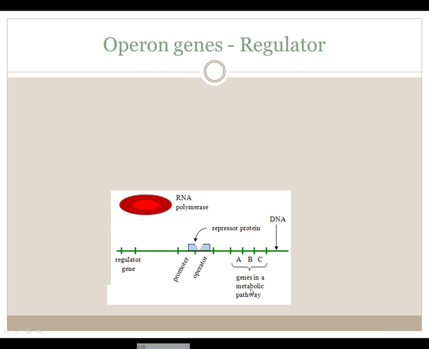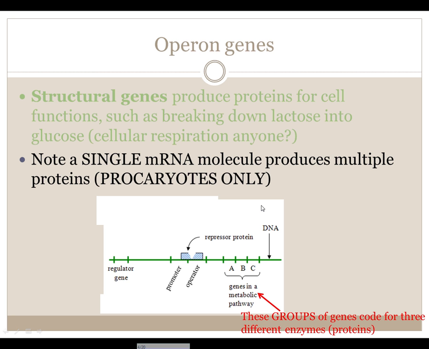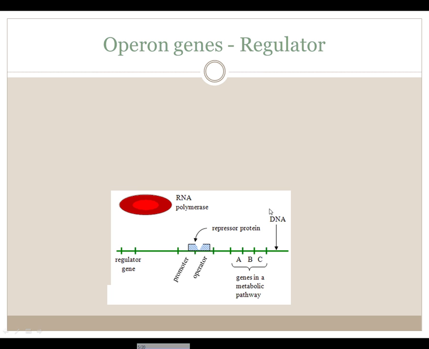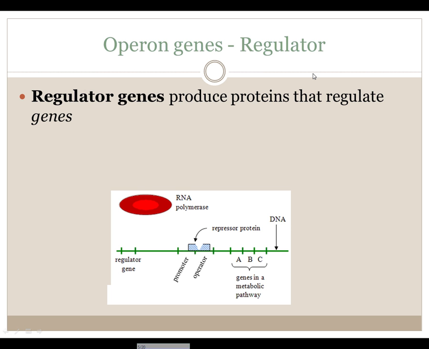Now the regulator part. We talked about the structural genes, and now we're going to talk about the regulator genes. These produce proteins that regulate genes, which is kind of circular in nature, isn't it? That's why we have visuals here.